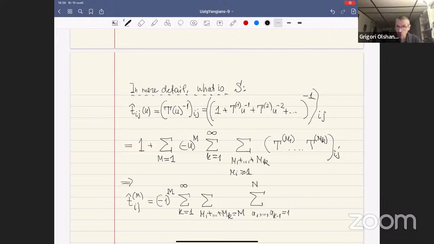And so I want to write in detail what this matrix entry is, and because there is a product, I want to expand this product.